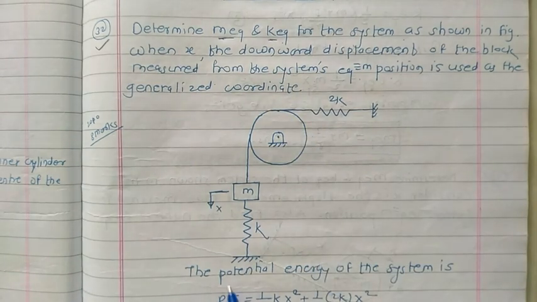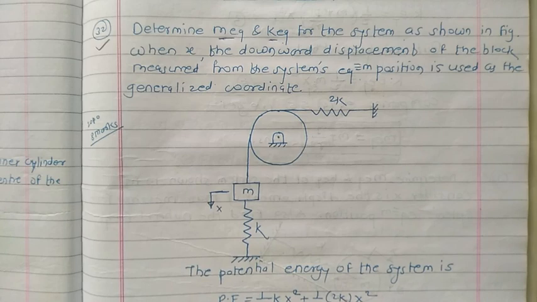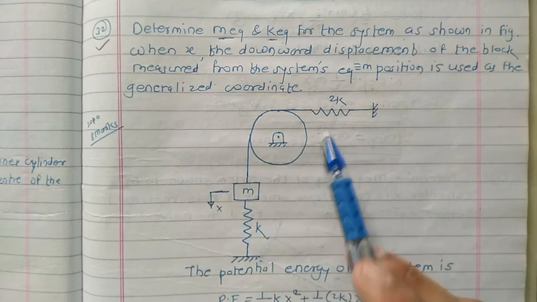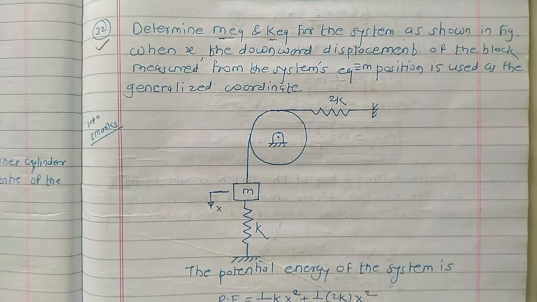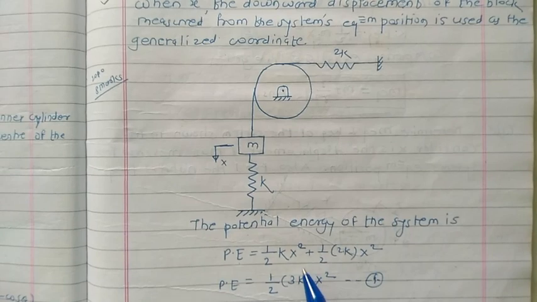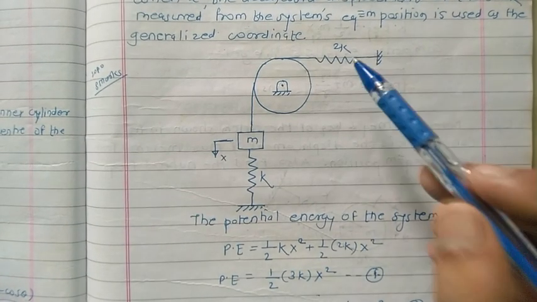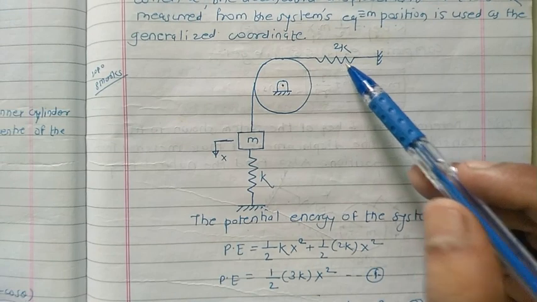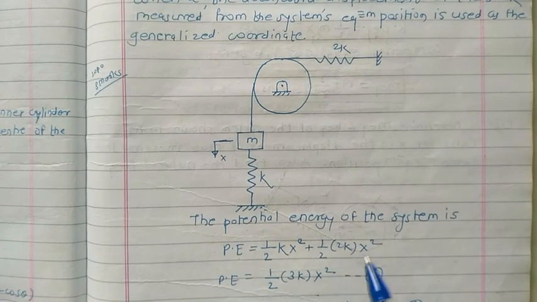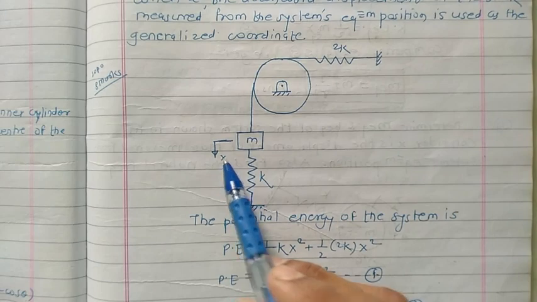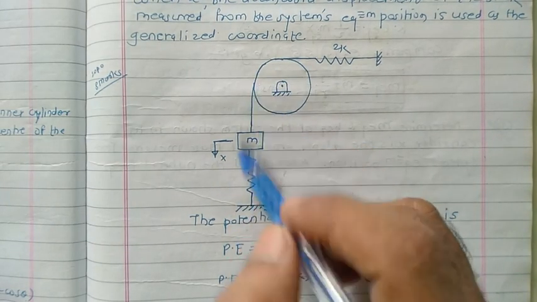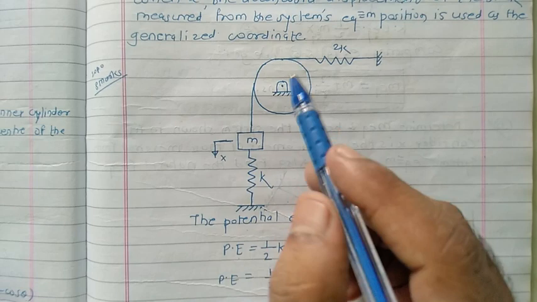First of all, get the potential energy of the system. As we know, the potential energy is possessed by the springs. Focusing on this spring, the potential energy is one half k x squared, plus, focusing on this spring with stiffness 2k, one half 2k times the displacement. Pulling this in the downward direction, the same displacement x will occur here.